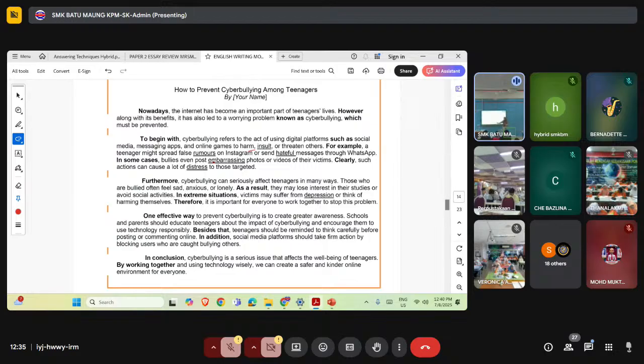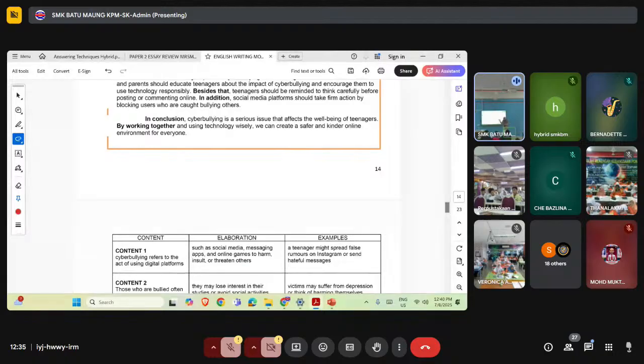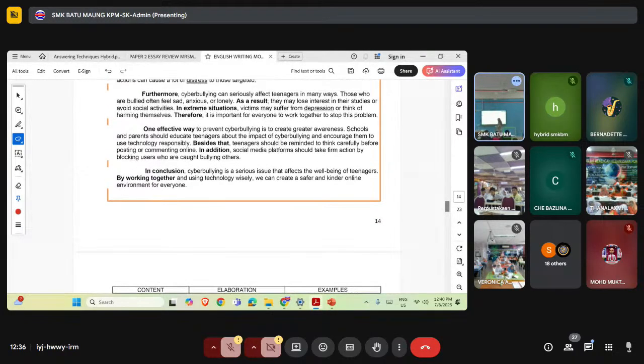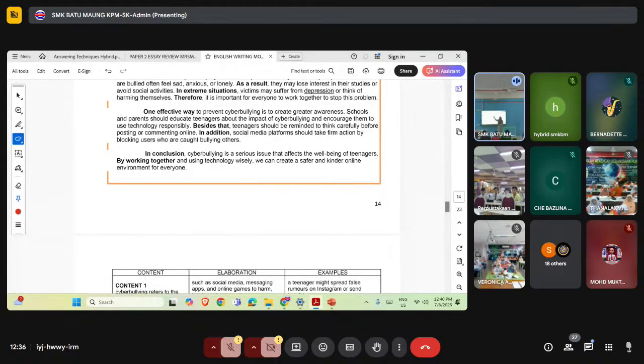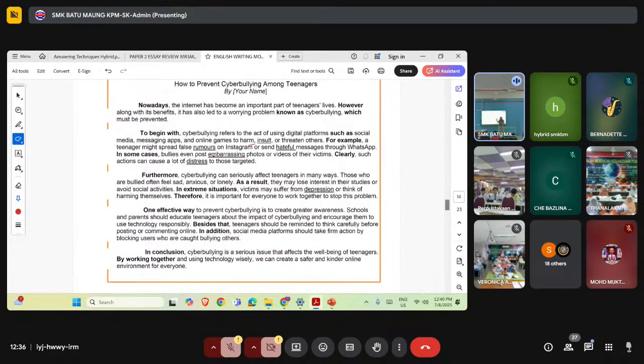Can you see how the candidate lays out the answer? Okay. So how many marks do you think the candidate can get? Is there any compound and complex structures in the essay?